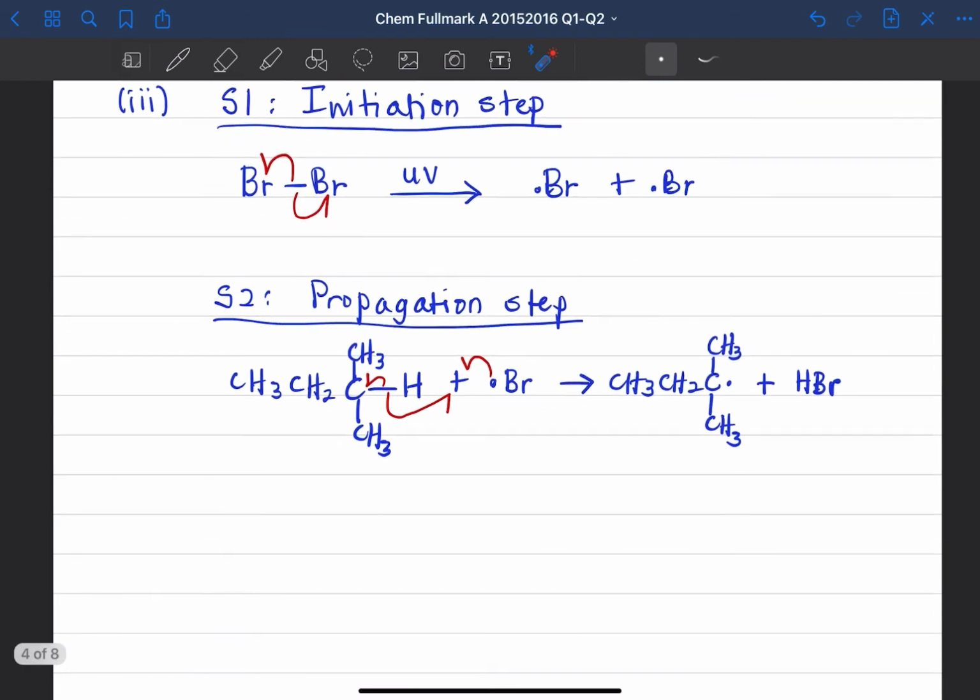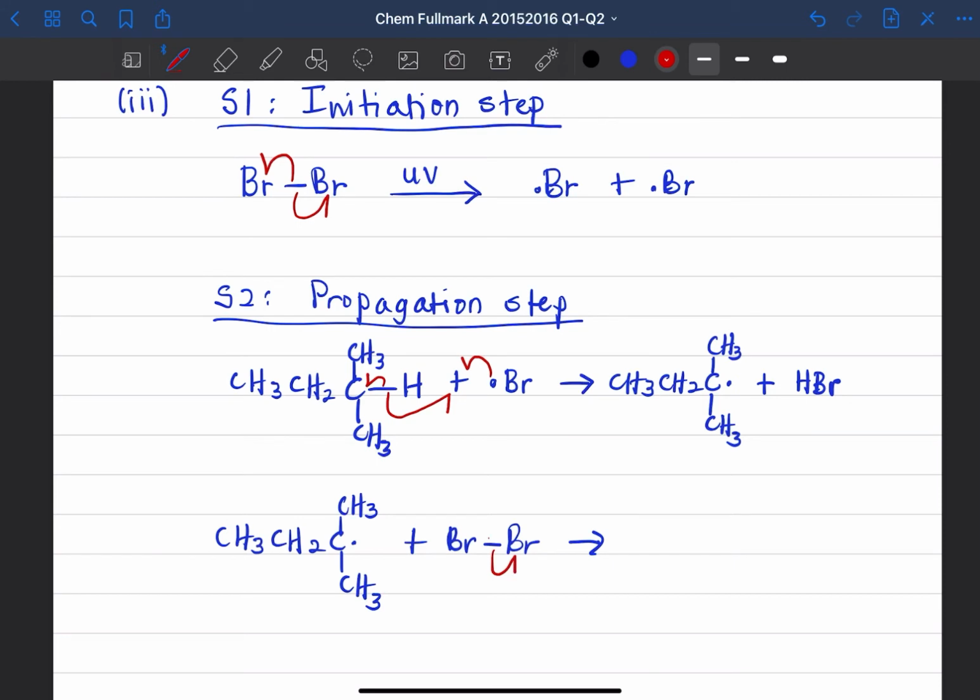And then we take the free radical of carbon. We take this molecule, CH3, CH2, CH3 with a radical carbon, plus the molecule of bromine. So bromine will break symmetrically.